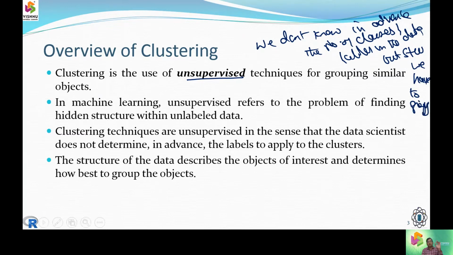Even though we don't know the number of groups or divisions in the given data set, we need to divide the things into groups. How can we group the similar objects? That was the biggest challenge: we need to find the patterns, the hidden structure, within this unlabeled data.